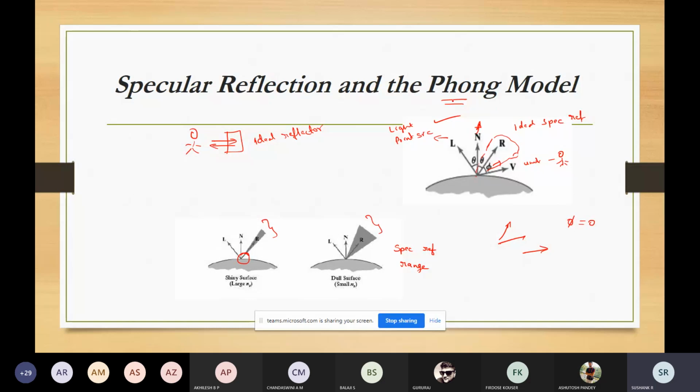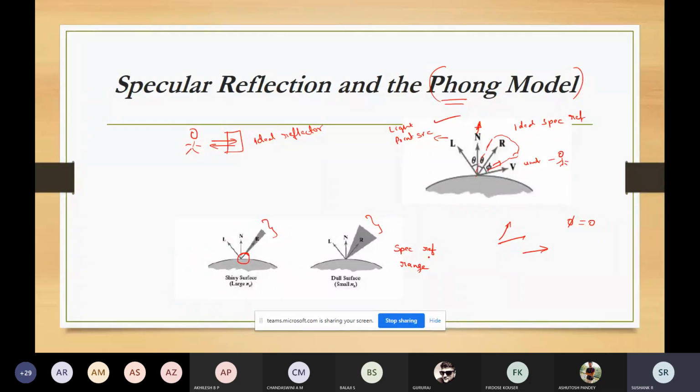That's why we call this model the Phong model. So now we know why we call it the Phong model.